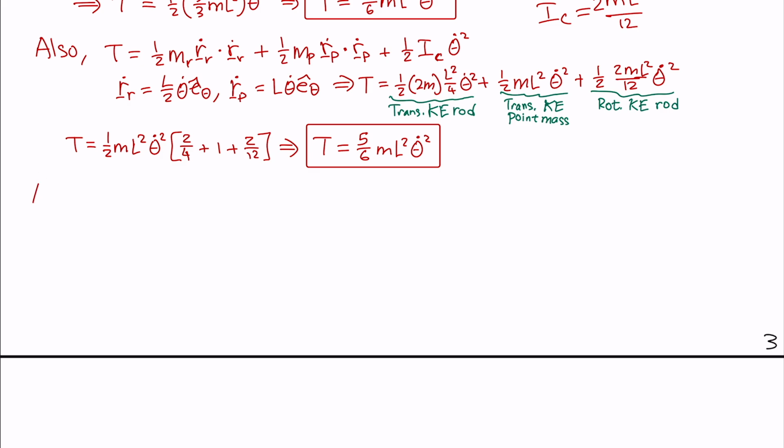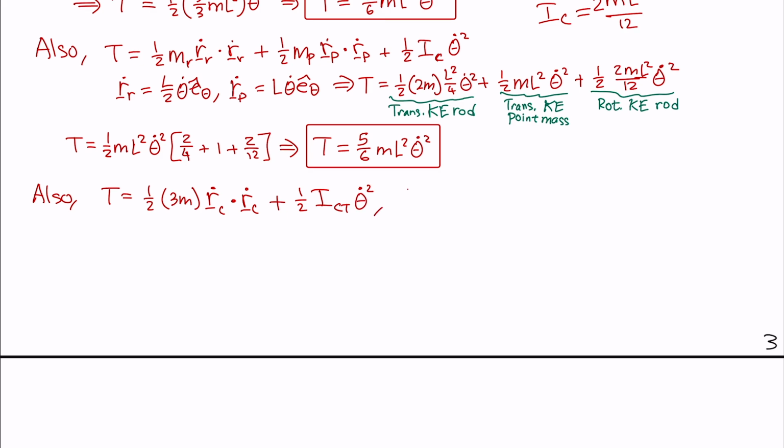In that case, we can also say that kinetic energy is equal to 1/2 times the total mass, 3m, times the translational velocity of the center of mass dotted with itself, plus 1/2 times the moment of inertia of the compound mass, or the total rigid body. We'll just call this I_C^T for the total, theta dot squared.